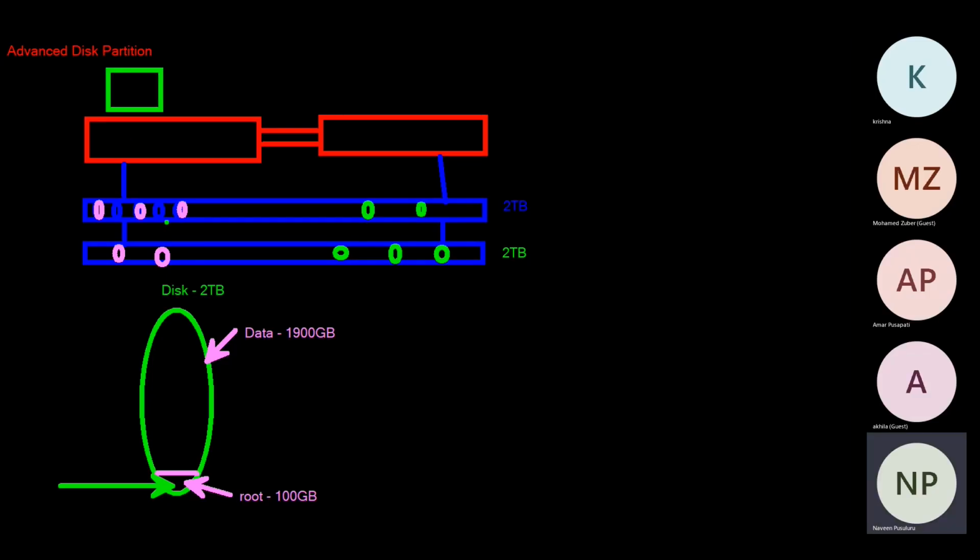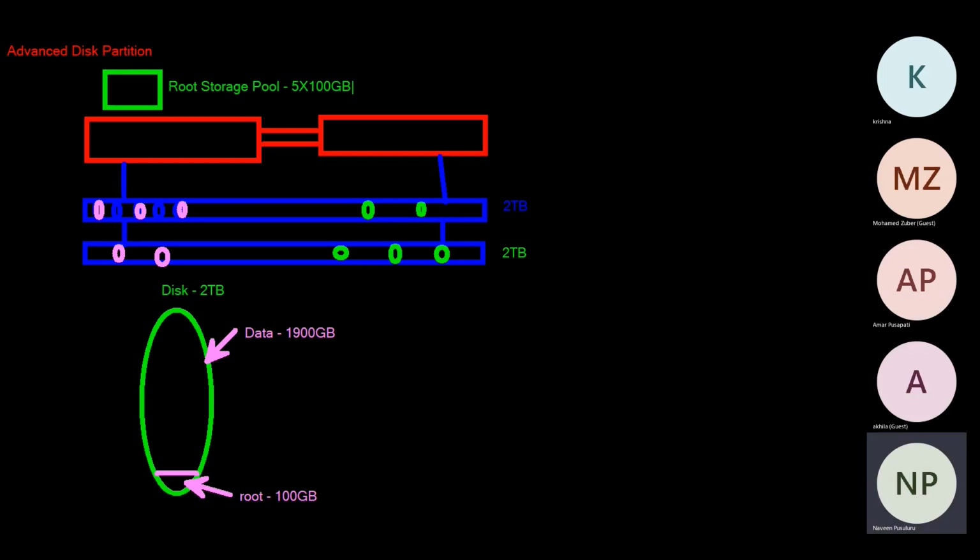That means it took 5 disks, and on those 5 disks it took only the root partition. It has not utilized the data partition. So it is going to create a root storage pool, which is 5 times 100 GB.